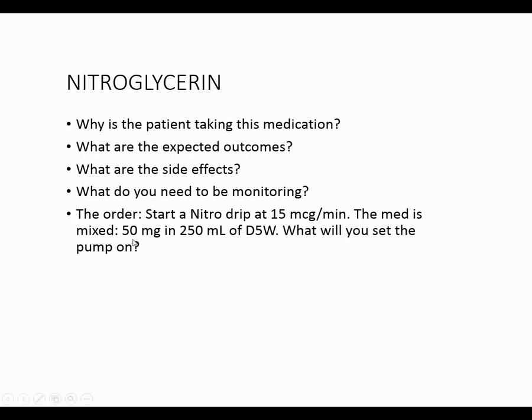Now, you've got the information you need to set your problem up. 50 over 250 times x over 0.9. Solve for x. 50 times x is 50x. 250 times 0.9 is 225. X is equal to 225 divided by 50. X is going to give you 4.5 milliliters per hour. And that's what you're going to set your pump on.